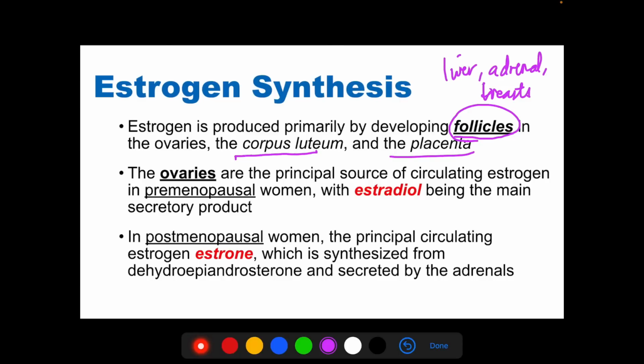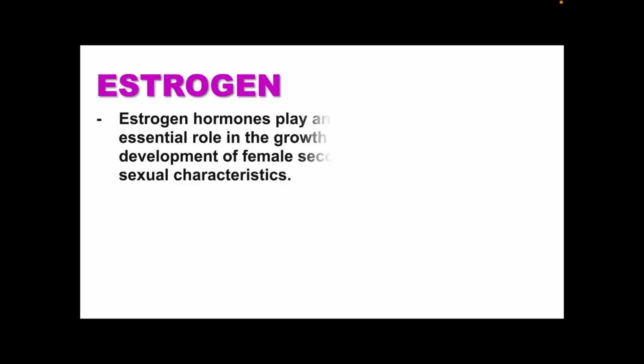In premenopausal women, the main circulating estrogen is the estradiol, the E2. But for postmenopausal women, the principal circulating estrogen is the estrone, which is the E1.